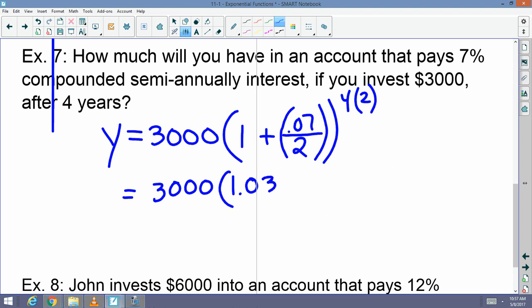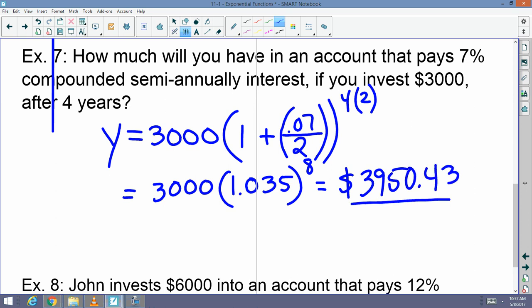Some people like to do it all in one fell swoop. Doesn't matter. At the end of the day, we got 3,000 times parentheses 1.035 raised to the 8th power, and that's going to equal $3,950.43. Not bad, right?